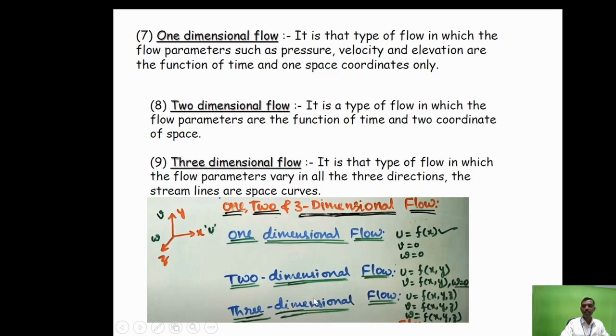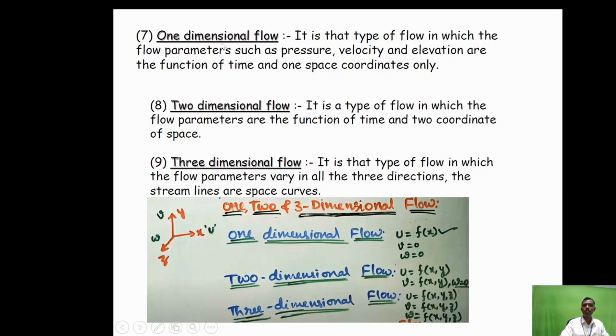For three-dimensional flow, we need three coordinates to describe the velocity. u is equal to a function of the x coordinate, y coordinate, z coordinate. v is a function of x, y, z. w is a function of x, y, z.